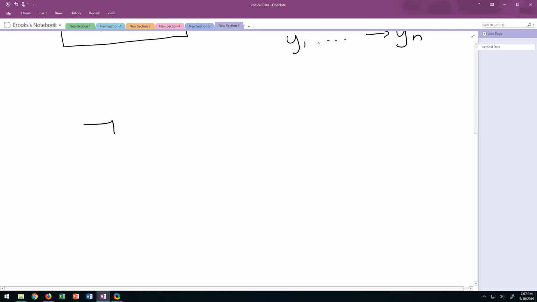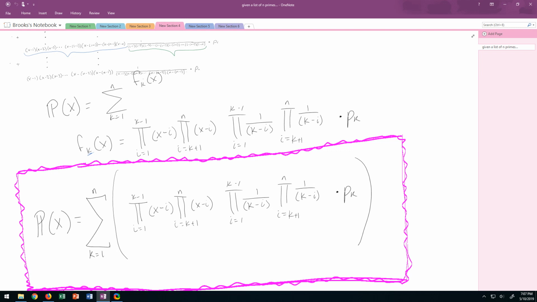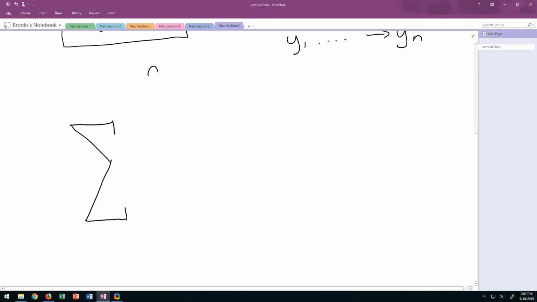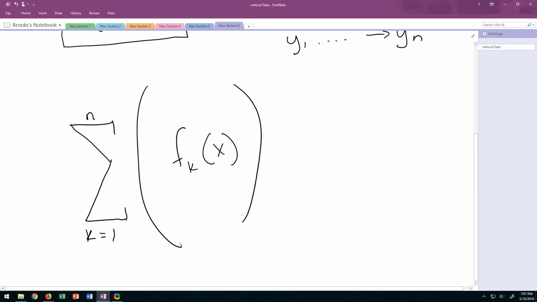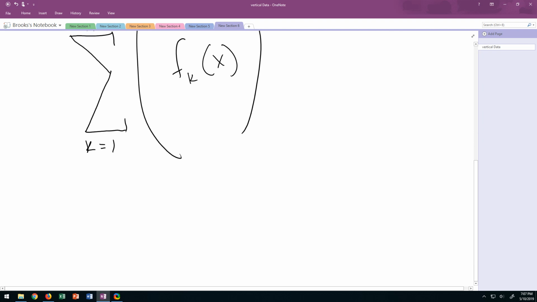Now the compact formula for this is going to look almost exactly like this one. So let's start with n data points, index k on our summation, from k equals 1 up to n. Now in here, I'm going to have f sub k of x, which is my summand polynomial. Now I just have to define what f sub k of x is.